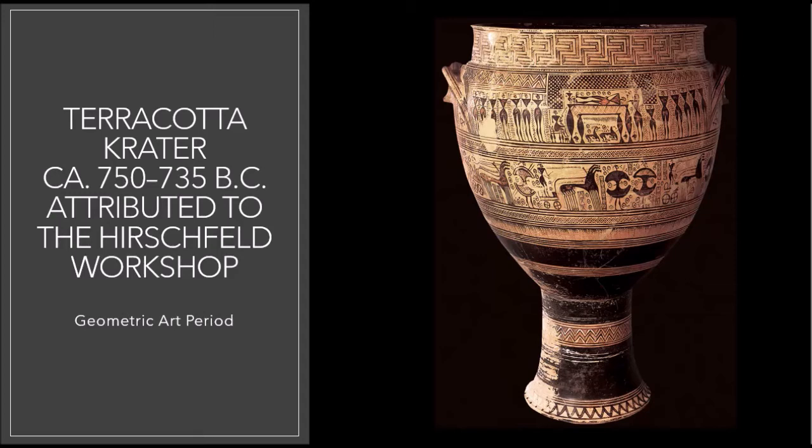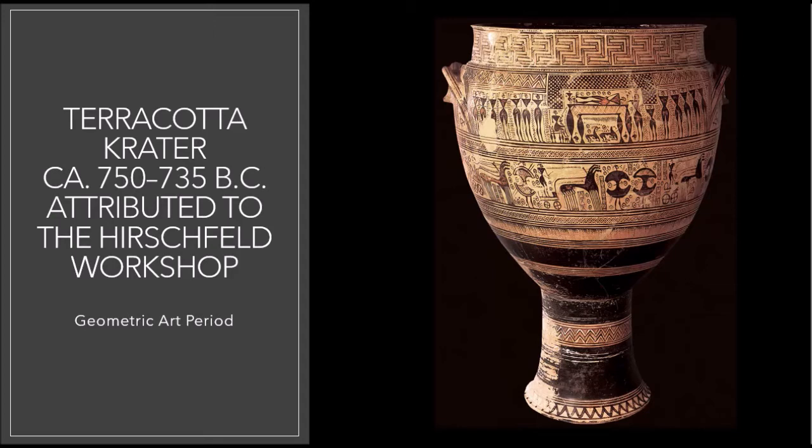The work that we see right here, this krater, was a tombstone. It was a large funerary vessel, developed at the time for use as grave markers, many of which have been uncovered at the ancient cemeteries of Athens in particular.